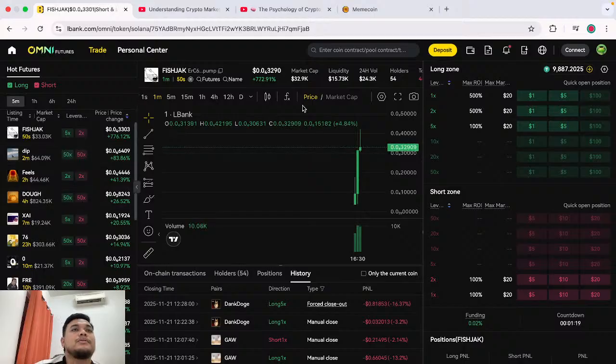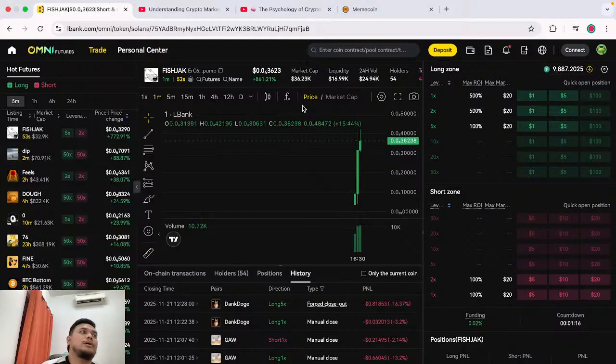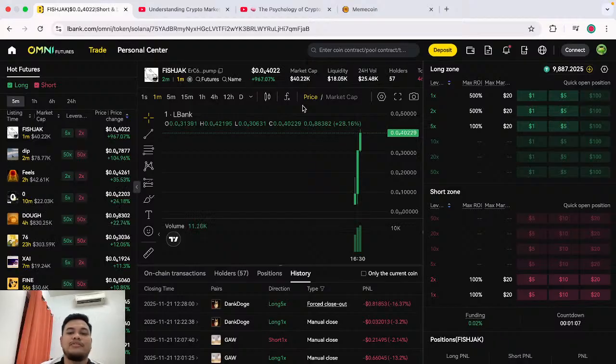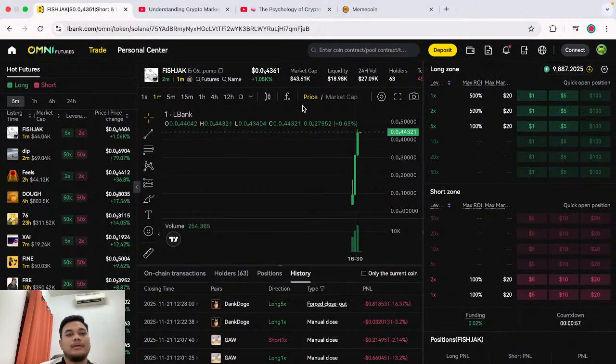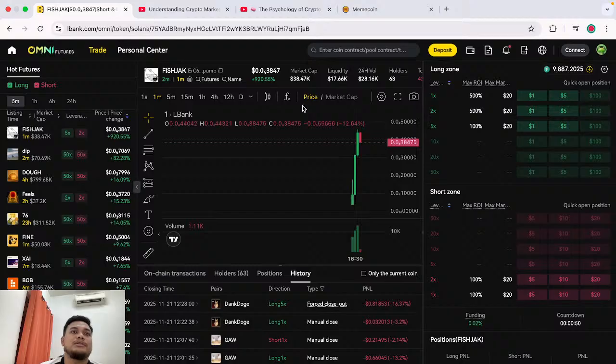Before you start doing anything, monitoring social momentum would be the first action you should start with. Advanced meme coin traders track social media more than the chart.